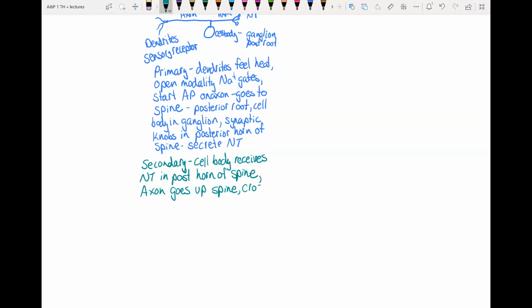It crosses to the thalamus on the other side. And now its knobs will secrete neurotransmitter.